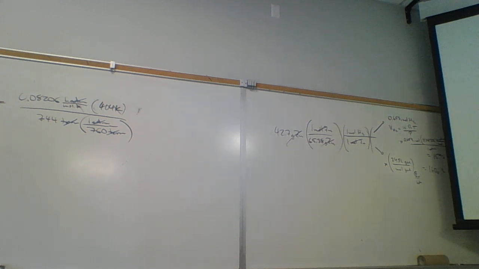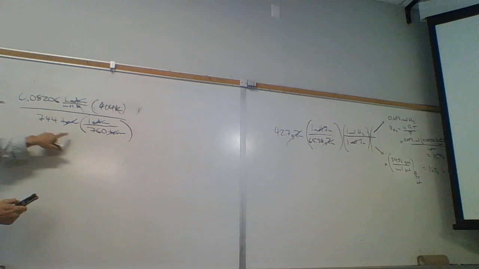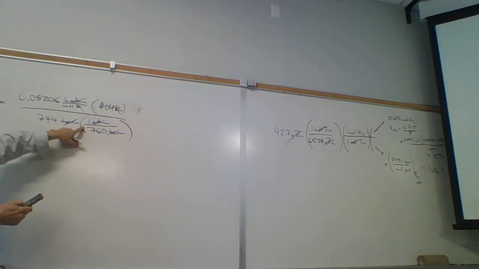And so what do I get here? Let's do it. 0.08206 times 404. You should just double check that you're punching this in correctly. 744, and then I'm going to invert and multiply, so times 760.